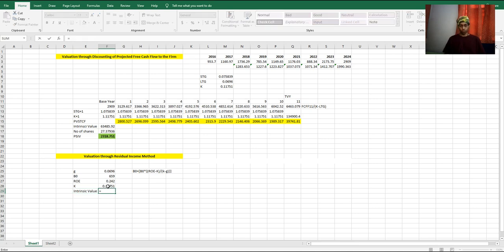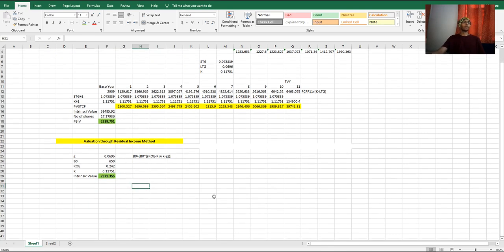This is equal to B0 plus B0 multiplied by return on equity minus cost of capital divided by cost of capital minus the sustainable or long-term growth rate. So this is coming to be 2371.355. So this is our second valuation number.